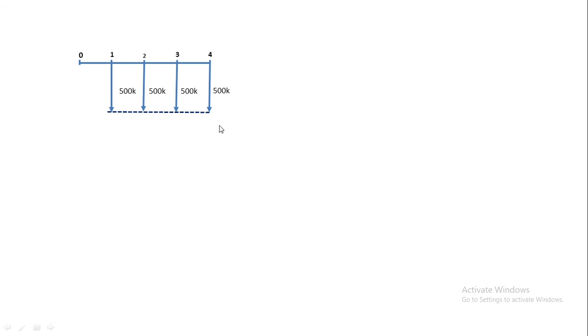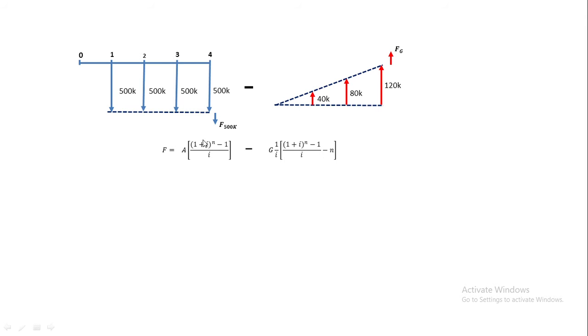So now we can find the future worth of this 500K amount. Then we will deduct the future amount of the gradient. For the future of 500K, we will use the FA formula, and for the future of the gradient, we will use FG.